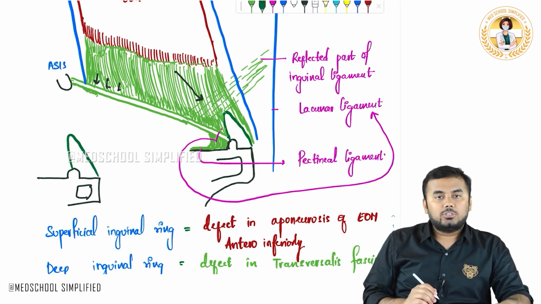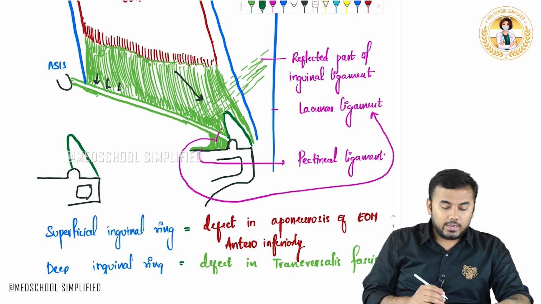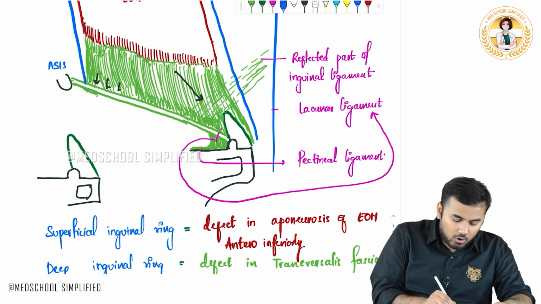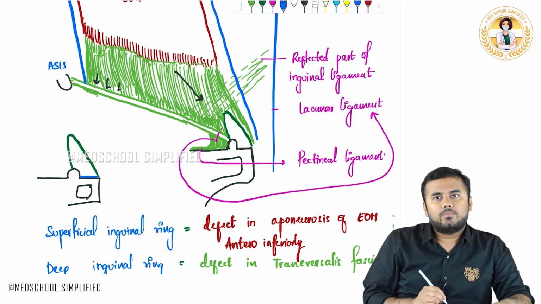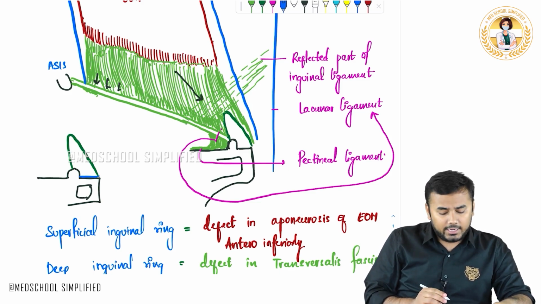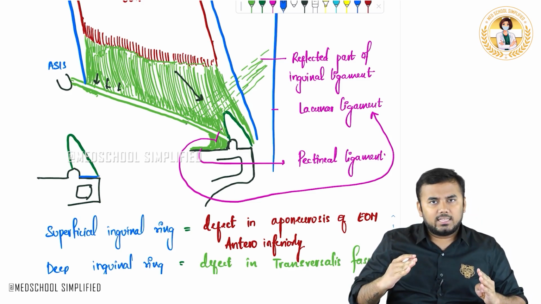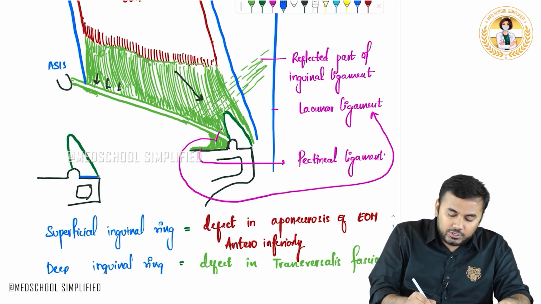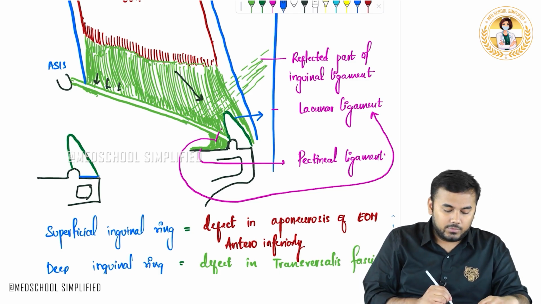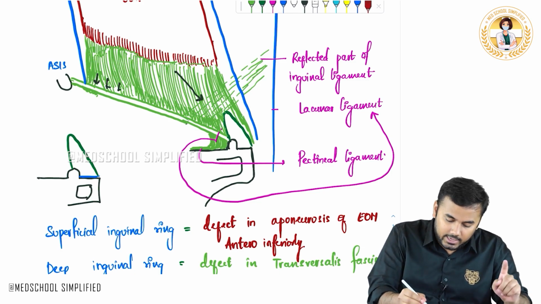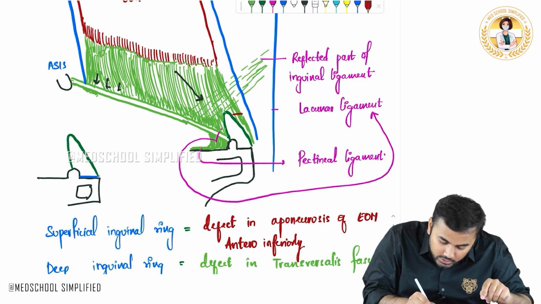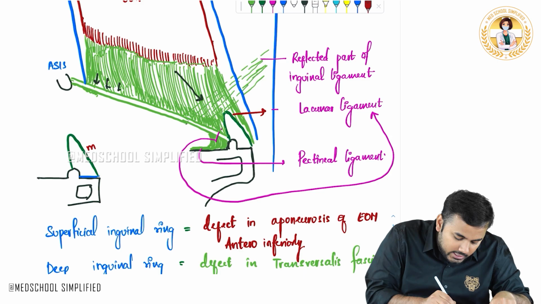Now, if I ask you, the base of the ring is formed by your pubic crest, right? And next, it has two crura-like things, right? One which is towards the midline, again I'm drawing with the red, see here, is called the medial crus.